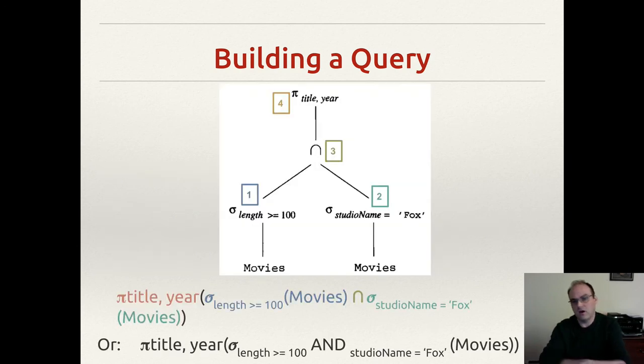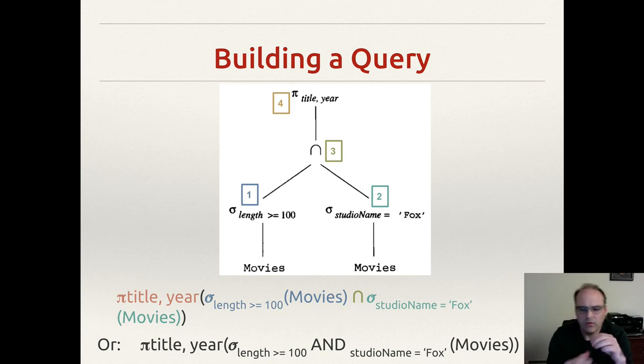Let's look at this another way, a visual way. This was in the book, but I color-coded the pieces, and I also added them to the top here so we can see the things as they break up into pieces in relational algebra. Part one was the query to select everything from movies where the length was 100. The second was to select everything from movies where the studio name was Fox.